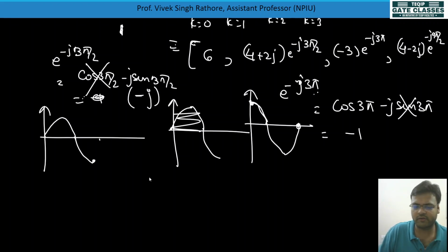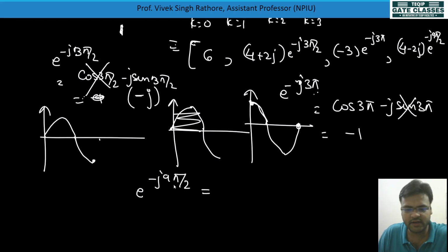Then e to the power minus j 9 pi by 2 is cos 9 pi by 2 minus j sin 9 pi by 2, which will be minus j only. I think here we have made some mistake. Here sin 3 pi by 2 was minus 1 only, so minus minus plus, so here it will come plus.